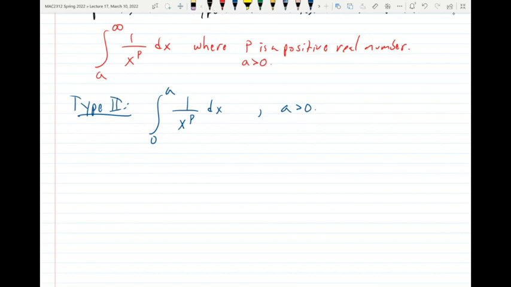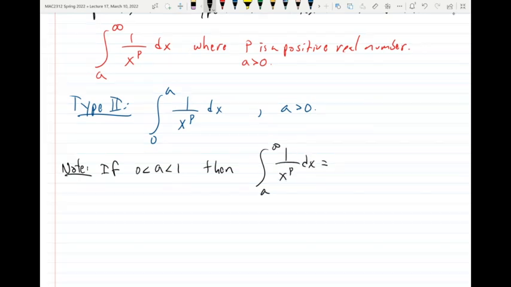So note, if a is less than 1, remember it's always bigger than 0, then the integral from a to infinity of 1 over x to the p dx, we can rewrite as the integral from a to 1 plus the integral from 1 to infinity.